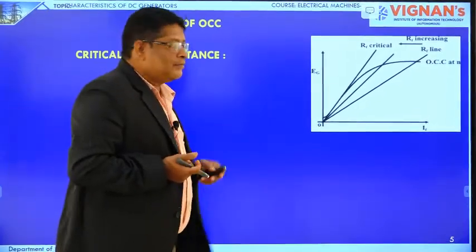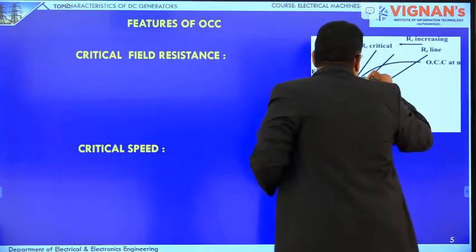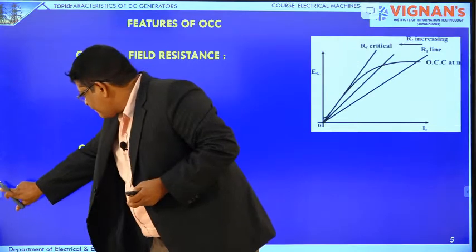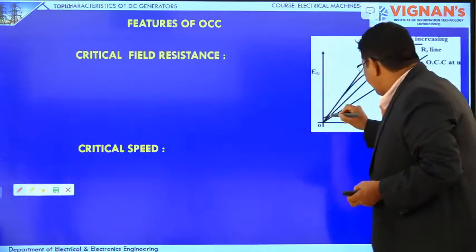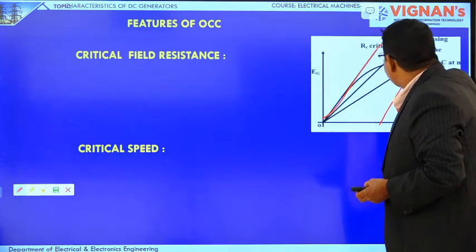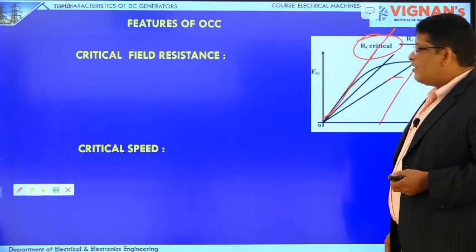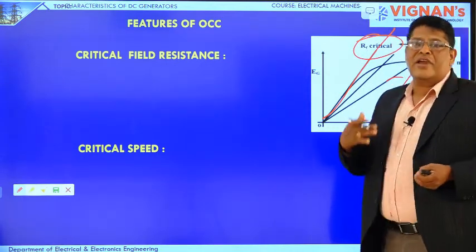The value of resistance corresponding to this line is the critical field resistance. If the field resistance is less than this value, the generator is giving power to the load.